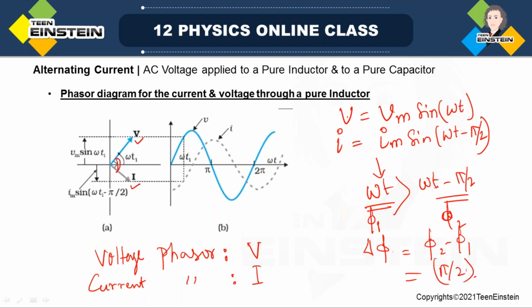And what is the angle between this current and voltage? It is exactly 90 degrees or pi by 2. And the phase difference between them has to be pi by 2.